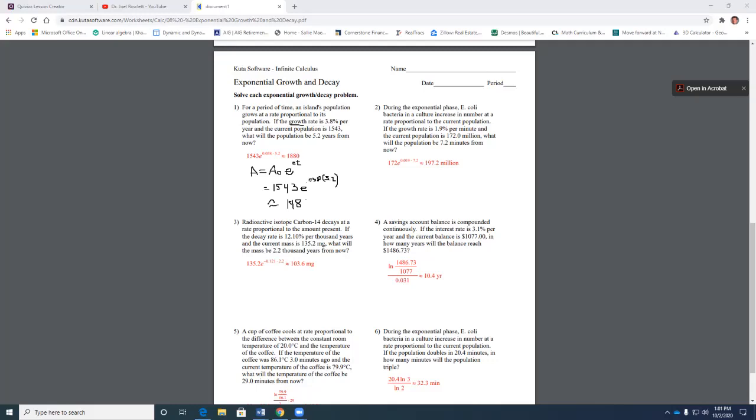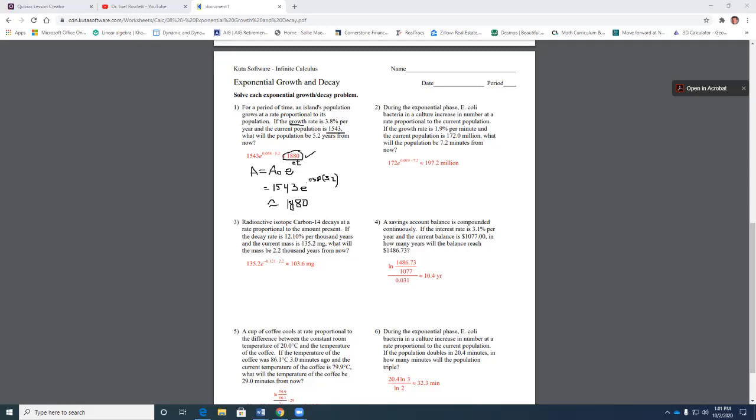I was wondering why the population went down. Okay, so type this into the calculator and you will get 1,880. So that means that in a little more than 5 years, the population on this island will go from about 1,543 to close to 1,880 people.